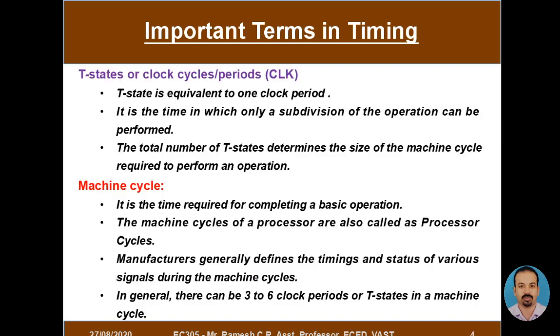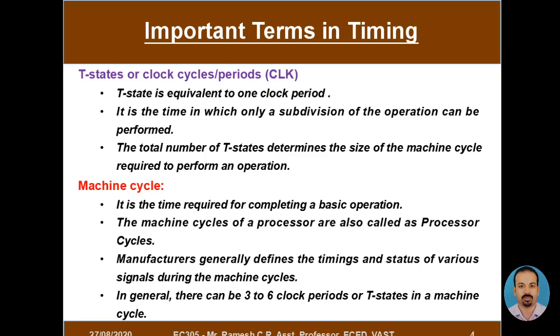As we saw, a T state, or clock period, is equivalent to one clock period, and it is the time in which only a subdivision of the operation is performed. The total number of T states determines the size of the machine cycle required to perform an operation. So we mostly define the machine cycle by the number of T states, and the instruction cycle by the number of machine cycles.